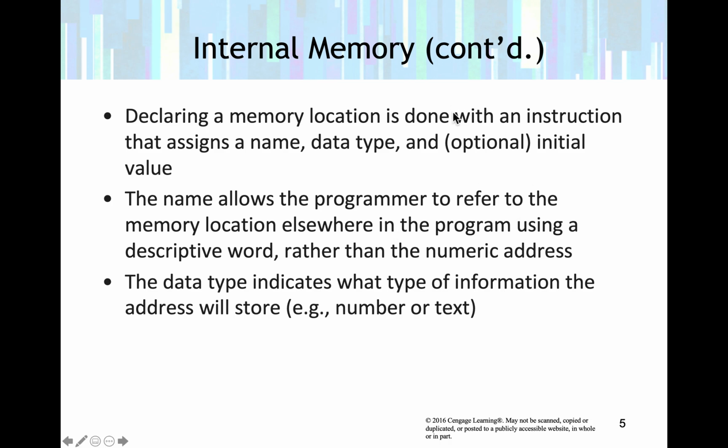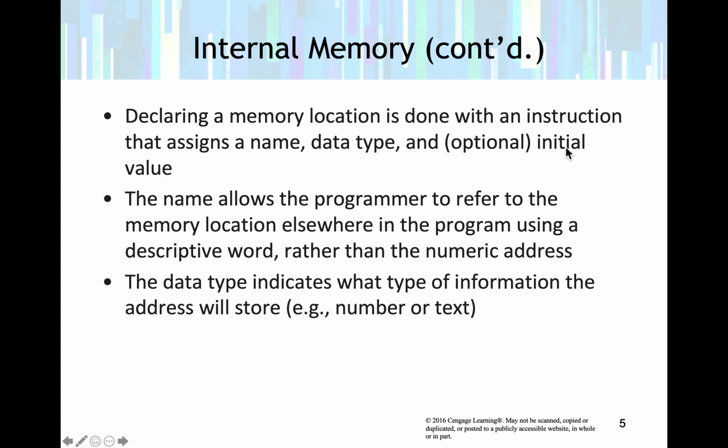Declaring a memory location is done with an instruction that assigns a name, a data type, and an optional initial value. This is like saying, okay, I'm going to open a mailbox, and the mailbox has to have a name. It has to have what type of mailbox it's going to be. Is it going to be one that just holds letters, a small one, or do you want a big mailbox where you can receive big boxes?